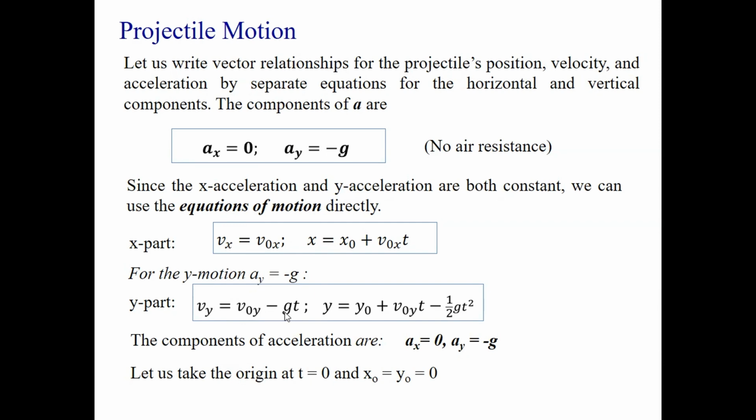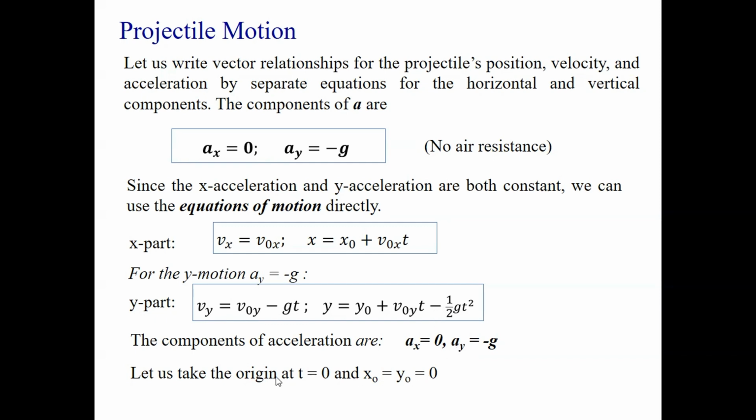Minus g is the acceleration part, and t is time. Now, if we integrate this equation, we get y equal to y naught plus v naught y times t minus half g t square. The plus sign is changed to minus because it is downward acceleration.